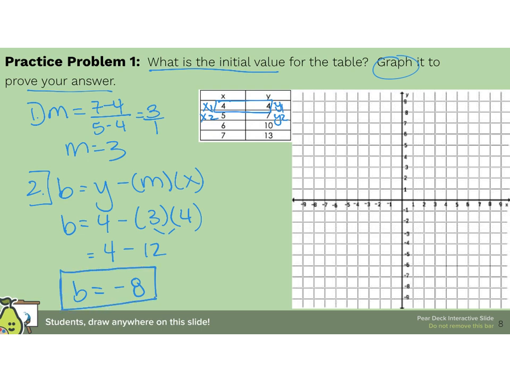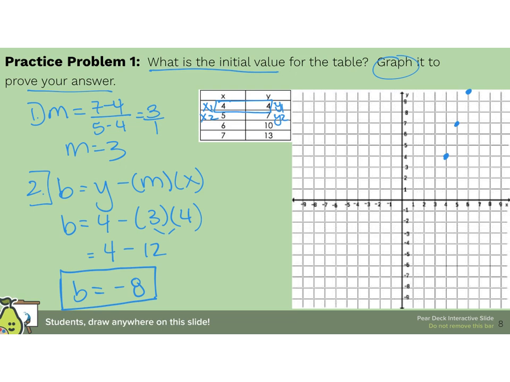And now it says graph this to see if we're right. I don't know what that means, but I'm going to graph it. So 4, 4. And then 5, 7. And then 6, 10 doesn't fit.